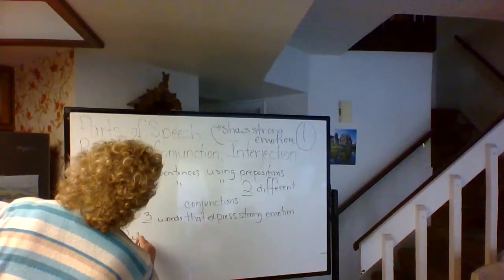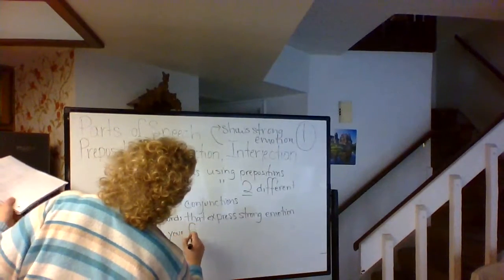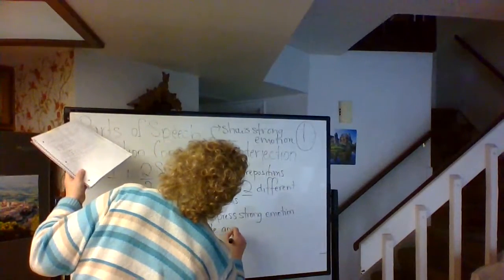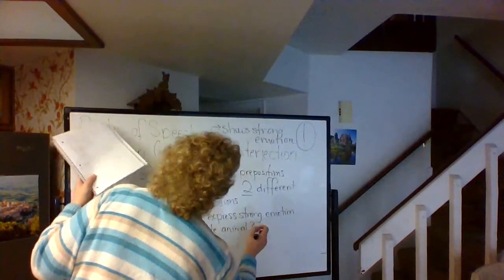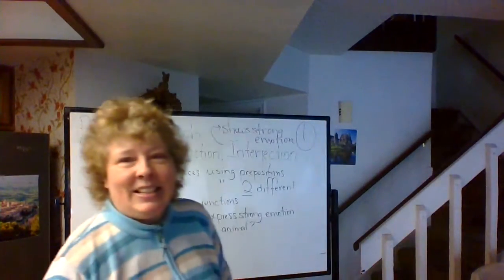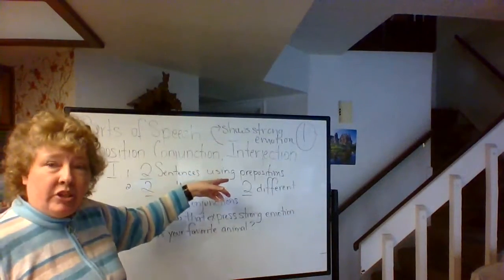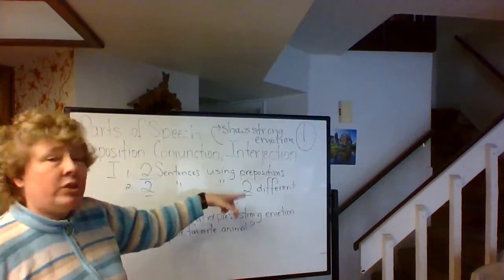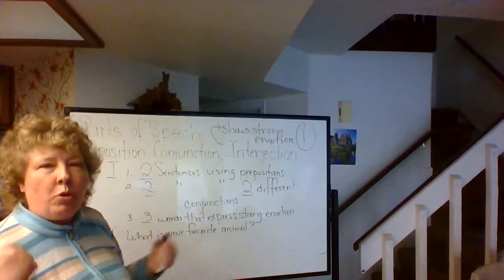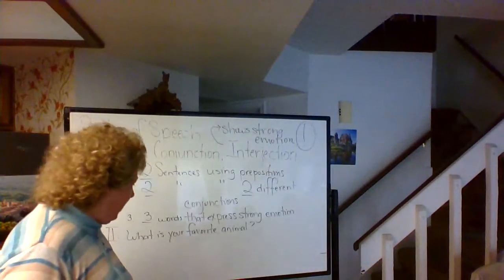It is, what is your favorite animal? Everyone got that? All right. So this is your assignment. Two sentences using prepositions, two sentences using two different conjunctions, and then I want you to come up with three words that express that emotion. Okay? And yes, what is your favorite animal?